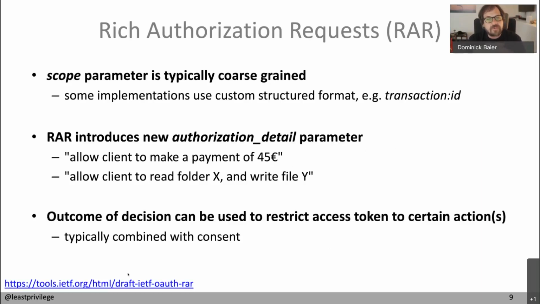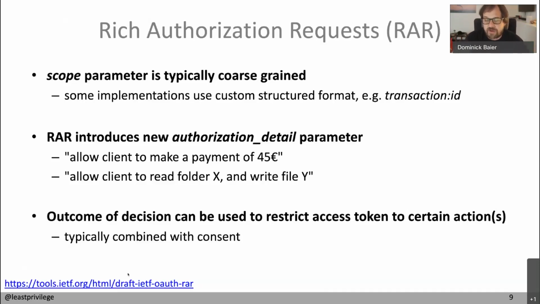The reason it exists is that more and more OAuth protocols or specifications have the need of transmitting structured data from the client to the authorization server. For example, in the banking industry, where you want to make the user consent to a banking transaction, basically, do you allow sending 50 euros to the pizza shop, things like that.